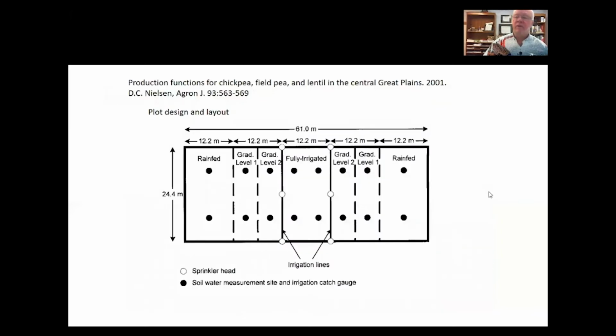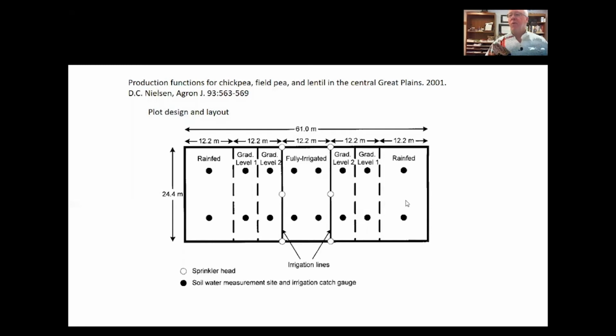The study that Nielsen did was designed like this. He used impact sprinklers. These white dots are the 6 impact sprinklers. A fully irrigated center plot gives you the fully irrigated rate, and as you move away from one of those lines, you get less and less water, to where you actually get outside the reach of those sprinklers. You have rain-fed plots.